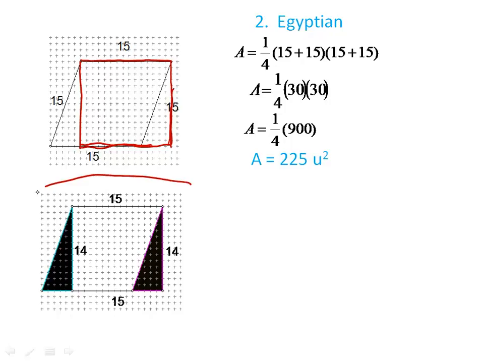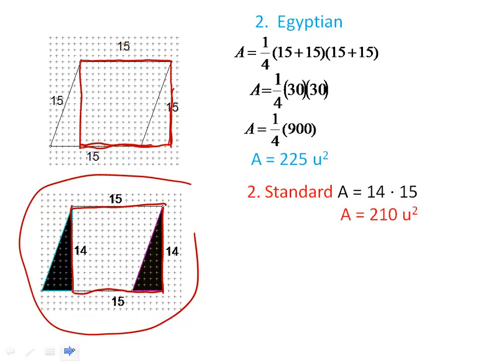And as this one shows down here, now we've got our triangle reattached, so we've got a 15 by 14 rectangle. So now we can calculate that area. It's 210 units squared is the correct area, not 225 units squared. So this is a case where the Egyptian formula didn't work. What we kind of discovered is that it does work on rectangles, but it doesn't work on other quadrilaterals.